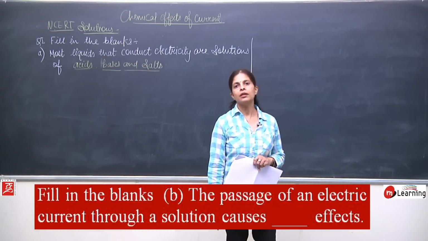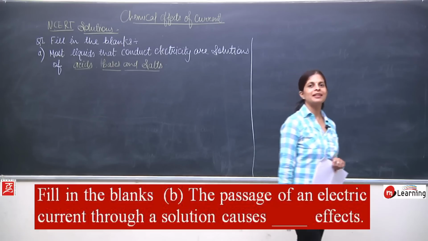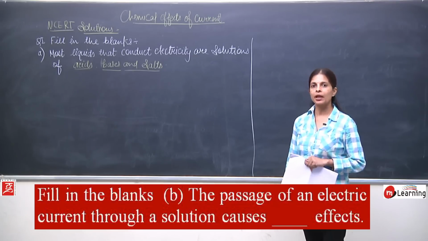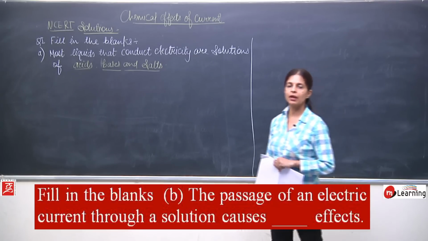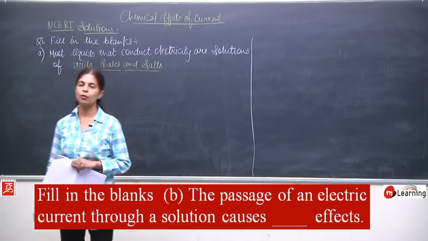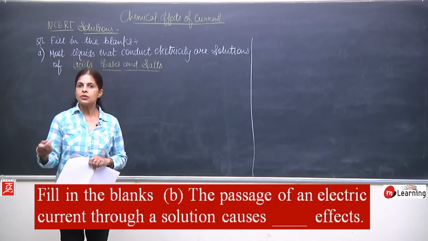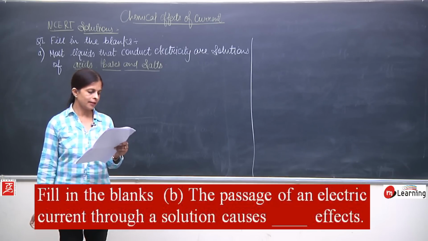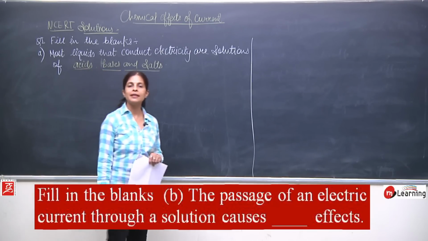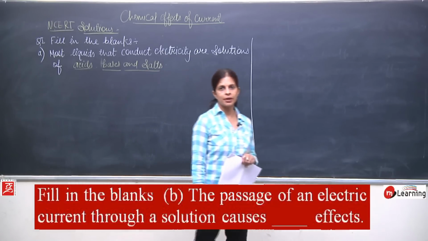We have not demonstrated it over here, but definitely we have discussed that, and we came to the conclusion that a spot, the green color spot, was formed. So the passage of an electric current through a solution causes which kind of effect? The chemical effect is produced.